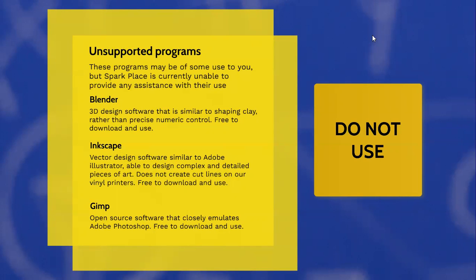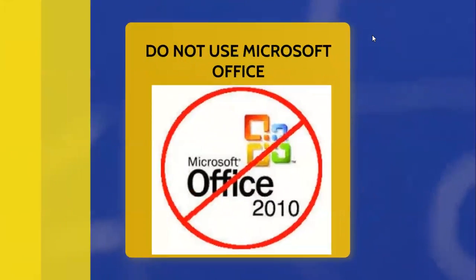Finally, there is one piece of software that we absolutely do not want you to use here in the space, and that's Microsoft Office. Over the past few years, we've discovered that Microsoft Office often has compatibility issues with our machines.